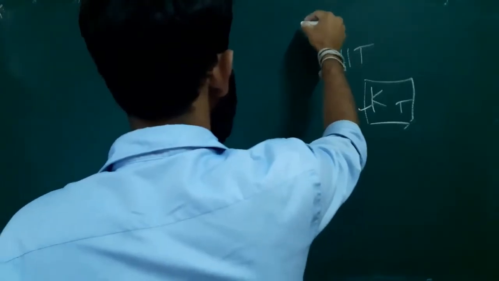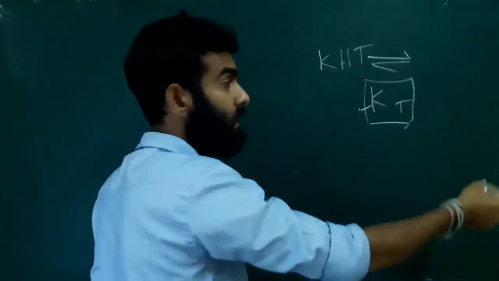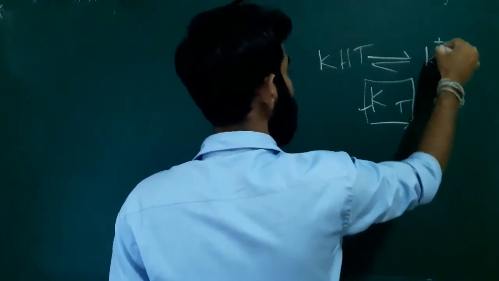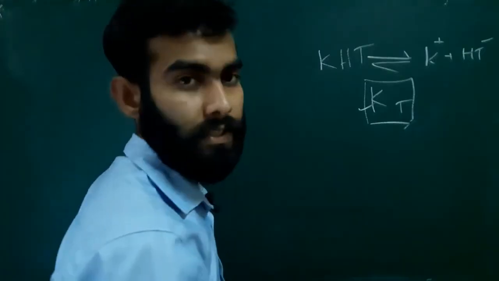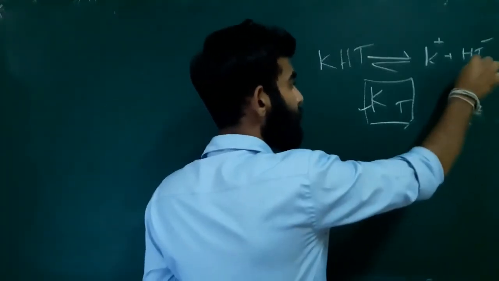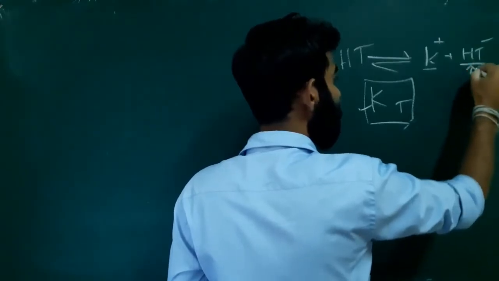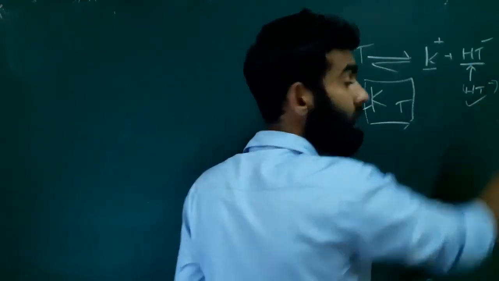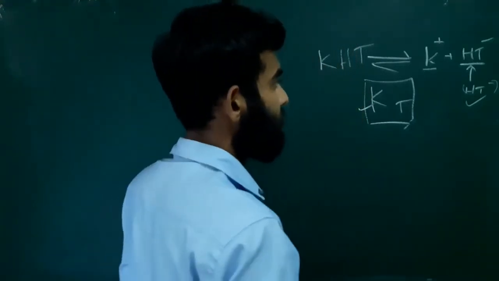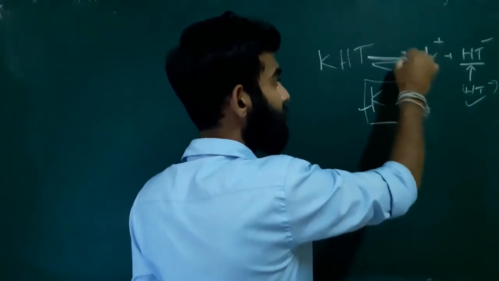Here we know potassium hydrogen tartrate is a weak acid. It will dissociate into K plus and HT minus. We have to calculate the concentration of this HT minus. According to this reaction, it is a reversible one.